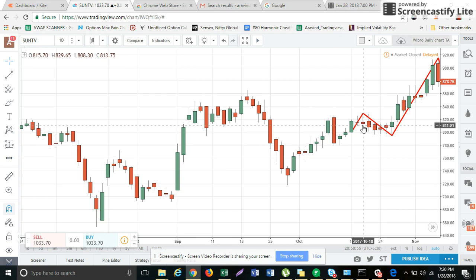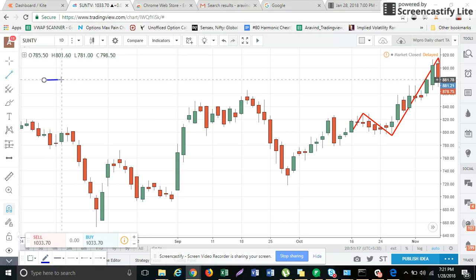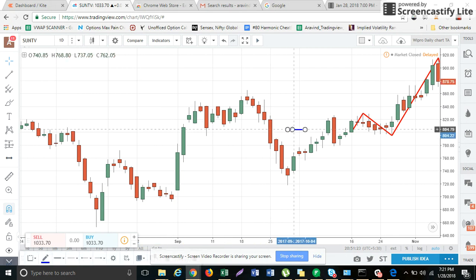Let's see what happened the next day, which is on 19th October. You can see it broke the swing low of the previous candle, which is 808.3. That will be our entry for our short trade, and our stop loss will be the high of that candle.